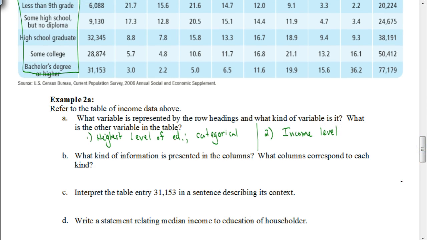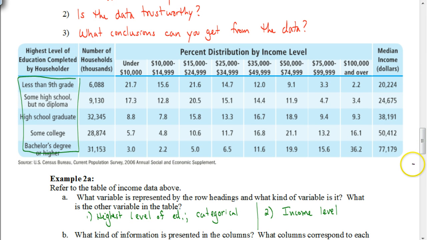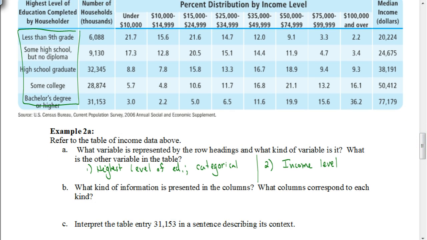Then it says, what kind of information is presented in the columns? And what columns correspond to each kind? So you can see that in the columns we have a couple of different things going on. First we have the number of households at each education level.